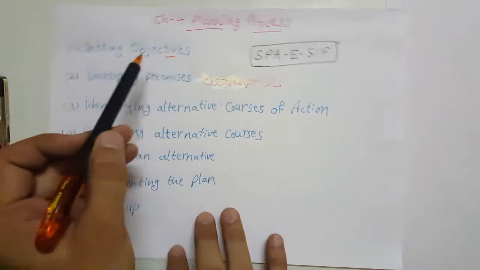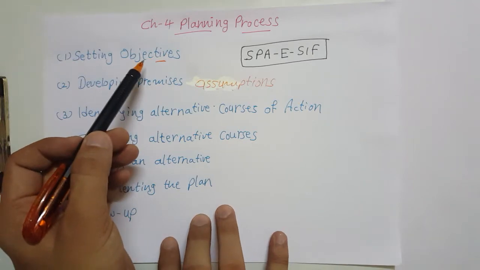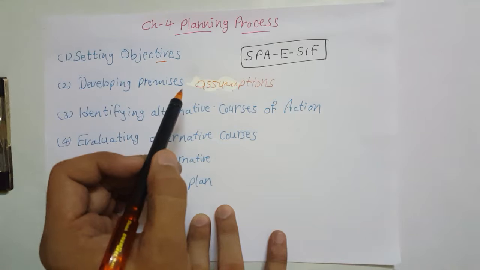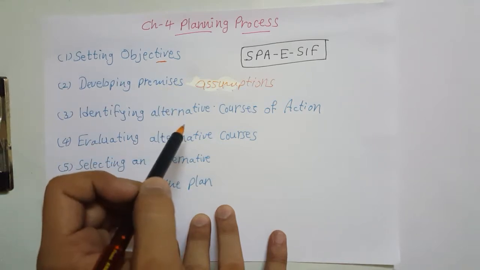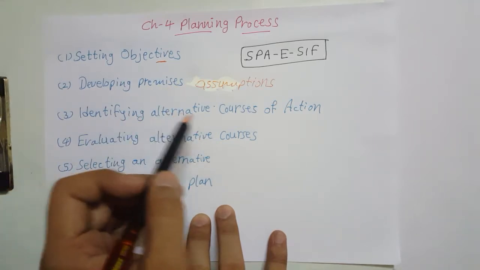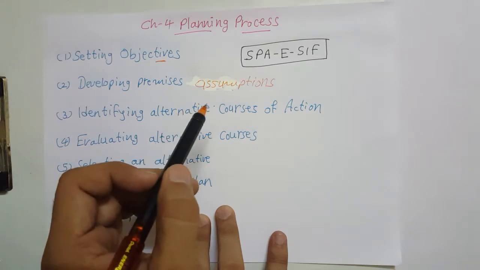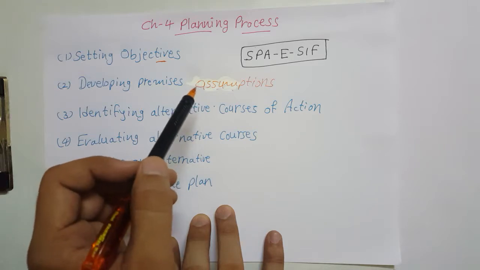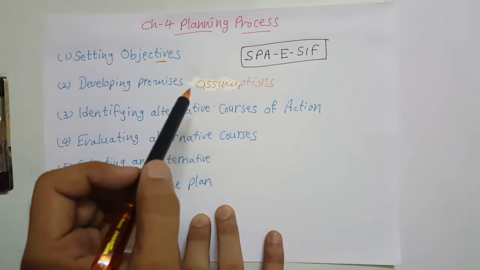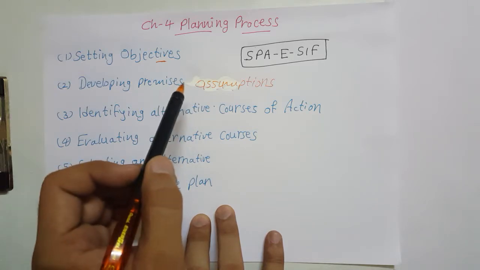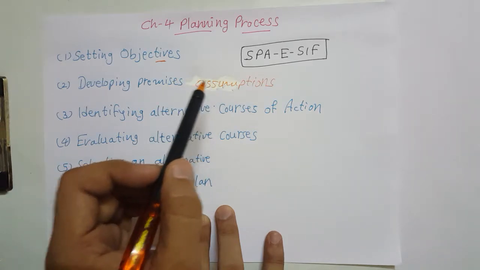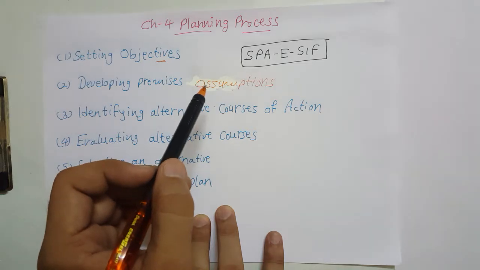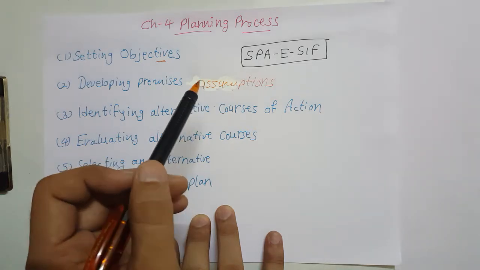All right, next one is identifying alternative courses of action. When we have set the objective, we have decided what we have to do, and we have made some assumptions that these things are going to happen, on the basis of that we try to find out what kind of alternatives are available to fulfill our objective or our goal. For that purpose, we have to search for alternatives.